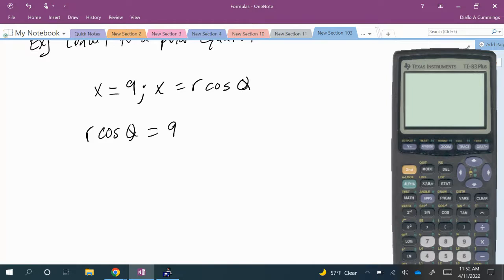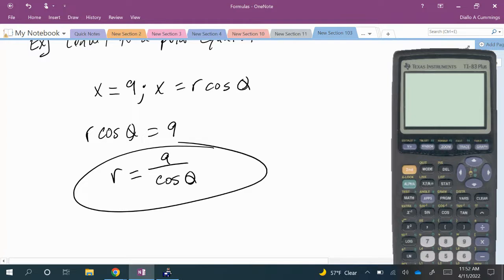The opposite of multiplying r by cosine of theta is to divide by cosine theta. So I'm going to divide both sides by cosine theta. Once I divide by cosine theta, the cosine theta cancels on the left-hand side, which leaves r. I'm going to divide the right-hand side by cosine theta, and this is our polar equation.